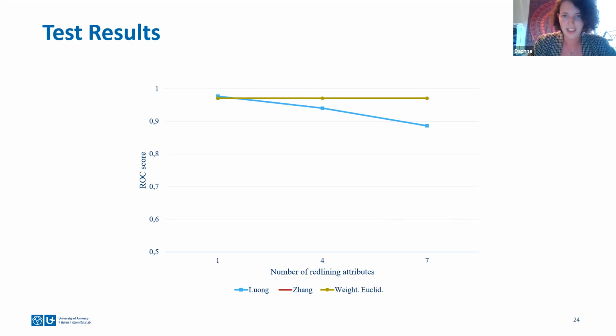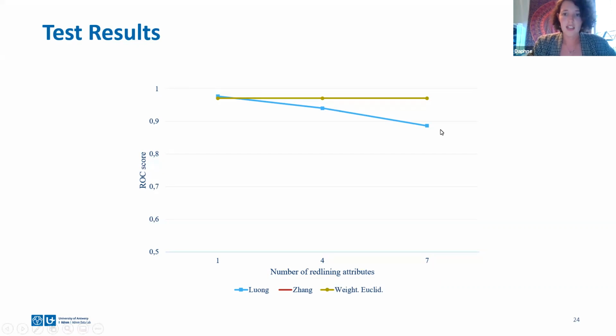Actually, we cannot even see the line by Zhang because it is in fact equally good as the weighted Euclidean distance function. But we see that the distance function by Luong is the only one decreasing in performance. And this is, of course, the case because when finding neighbors, it also tries to always find neighbors that are similar on these redlining attributes that are actually not very relevant for the decision problem, which causes the distance function basically to neglect the more important features like working hours or skills.